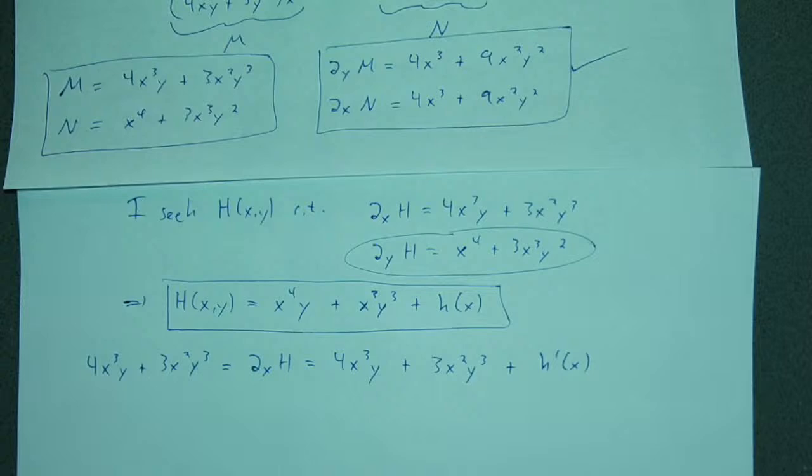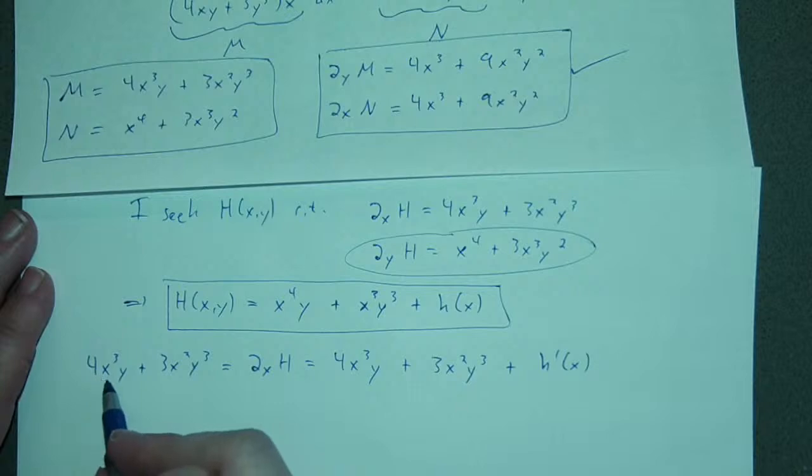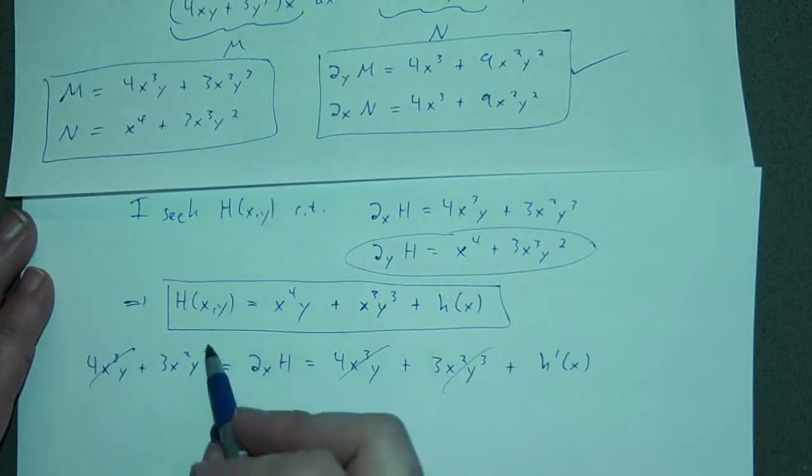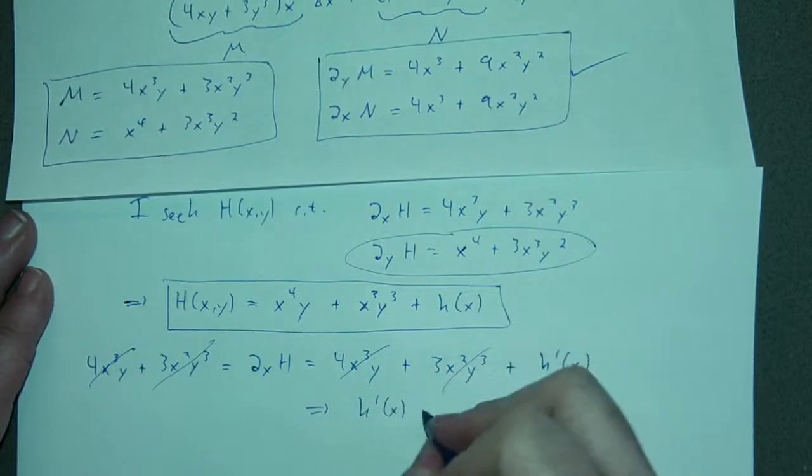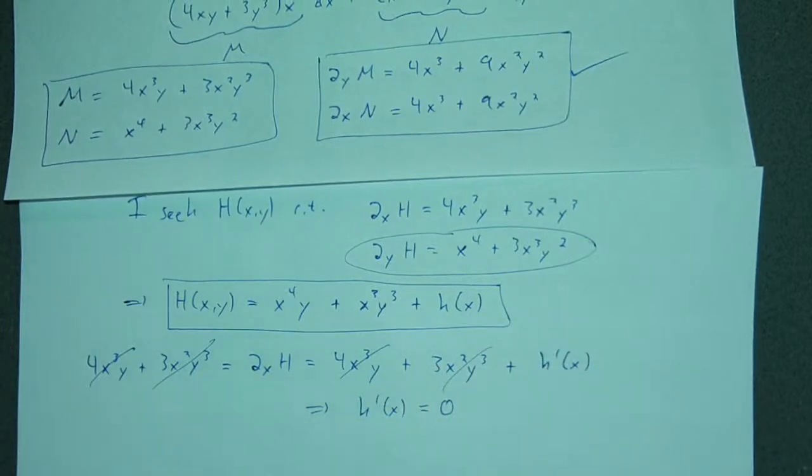Now again, since all these are mixed terms, all of them should cancel if everything I did was correct. So 4x cubed y, 4x cubed y, yes. 3x squared y cubed, 3x squared y cubed, yes. The evidence is piling up that we did this correctly. So h prime of x is equal to 0.